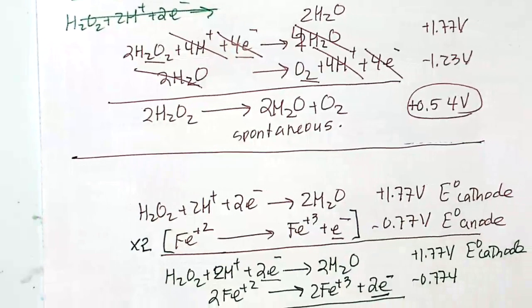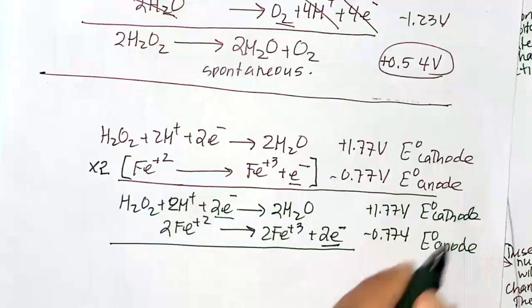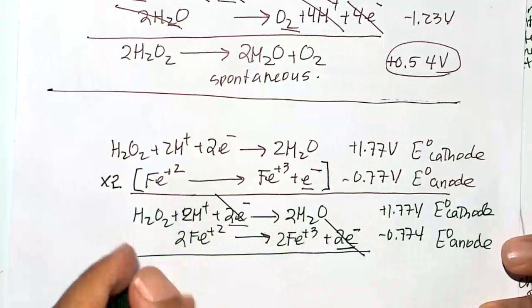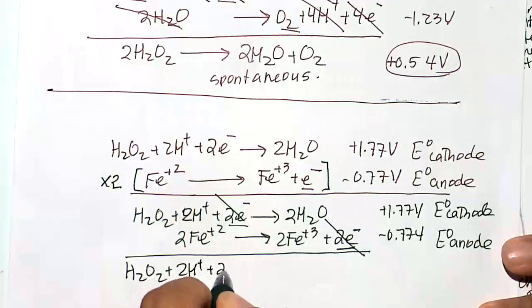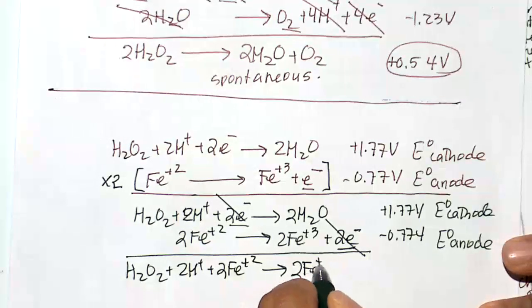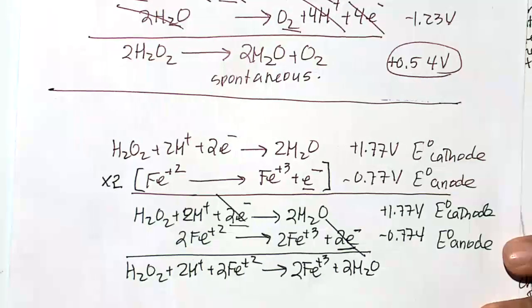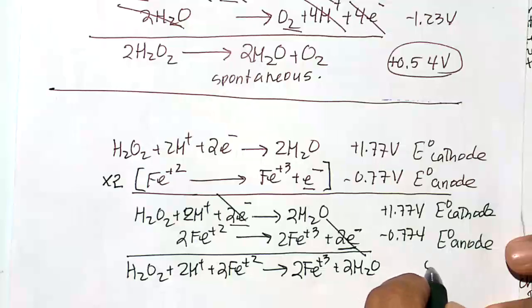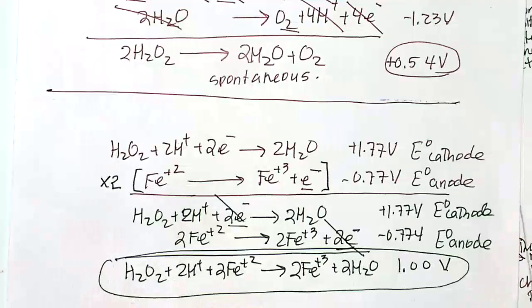This is losing 2 electrons, which is oxidation, which happens at the anode. And then we cancel out our electrons, and yes, H2O2 plus 2H plus 2Fe plus 2 gets converted to 2Fe plus 3 plus 2H2O. You add the two reactions, you add the voltages, and what will you get? 1.0. A 1 volt battery.